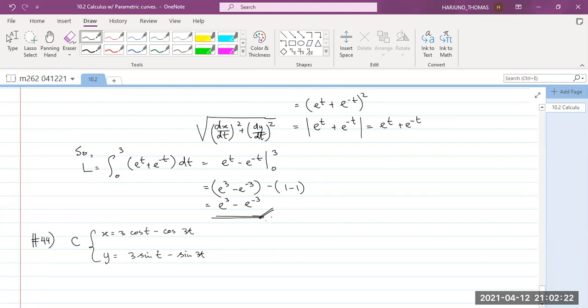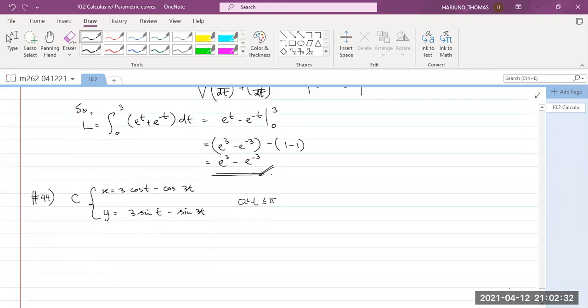And we want to find the arc length for t between 0 and pi. Okay, solution.